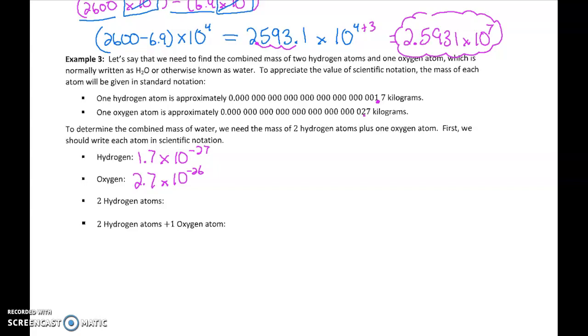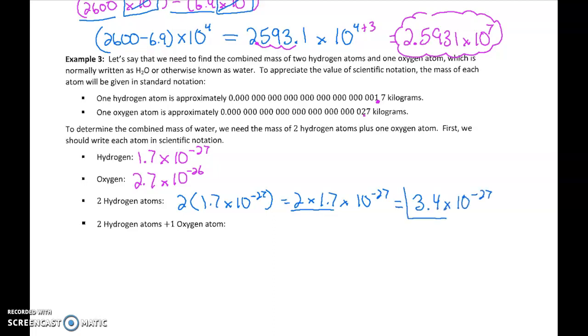All right, so if I want 2 of the hydrogen atoms, I'm going to go 2 times the hydrogen atoms. Now we write it in scientific notation, but this really means all multiplication. 2 times 1.7 times 10 to the negative 27th. Now, if you do 2 times 1.7, we get 3.4 times 10 to the negative 27th.